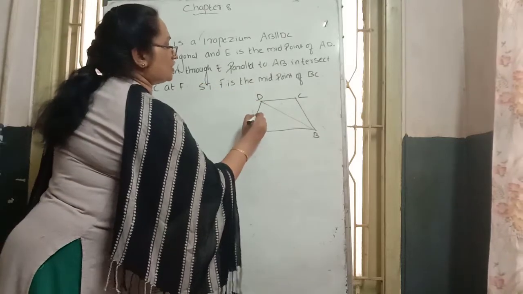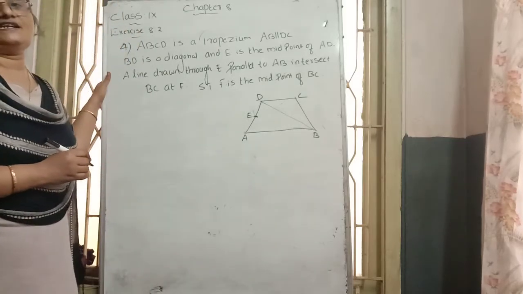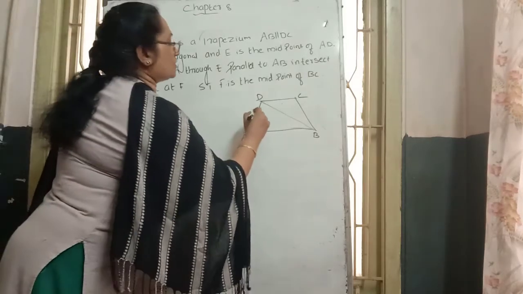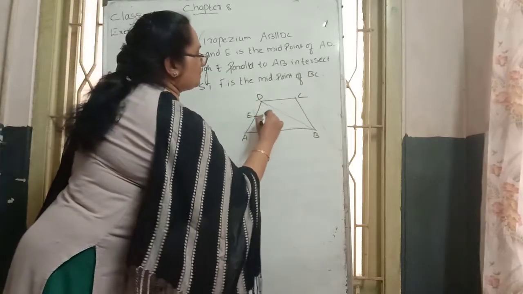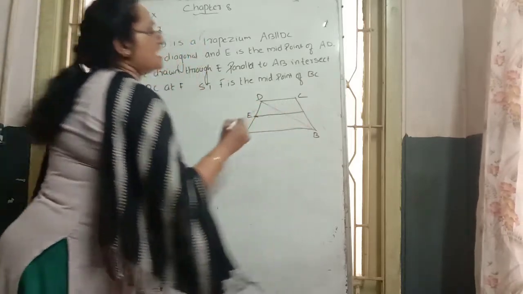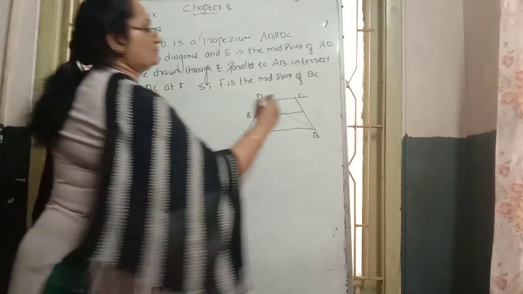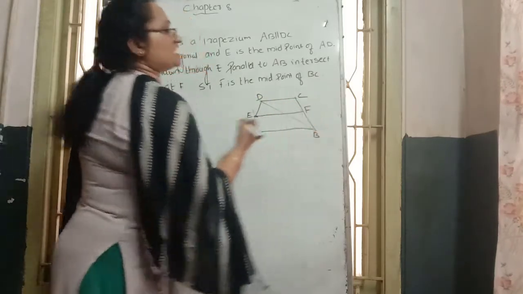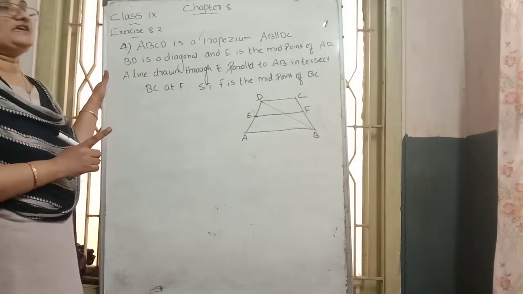E is the midpoint of the AD side, so mark E on AD. From E draw a line parallel to the AB side, intersecting BC. Mark the touching point as F, so EF is parallel to AB.